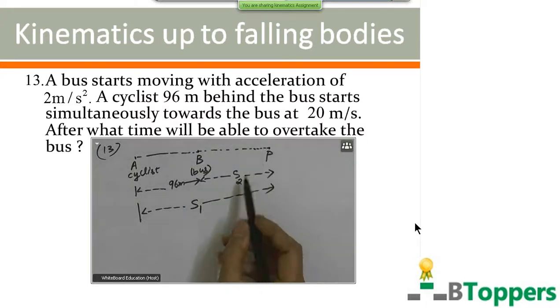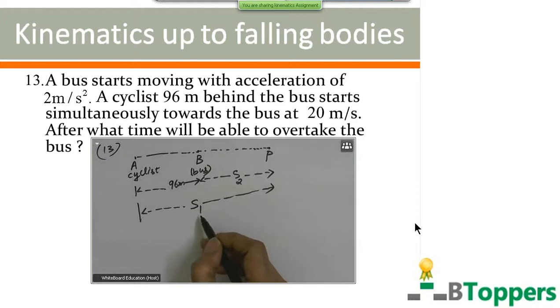So the cyclist will be able to overtake the bus when the distance S1 moved by the cyclist is more than the distance moved by the bus by 96 meters. That means S1 is equal to S2 plus 96 meters. Here the cyclist is moving with uniform velocity.